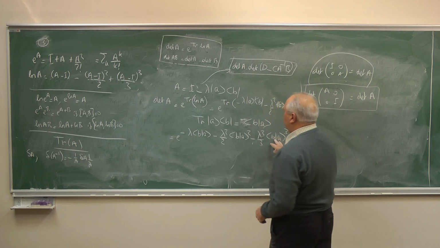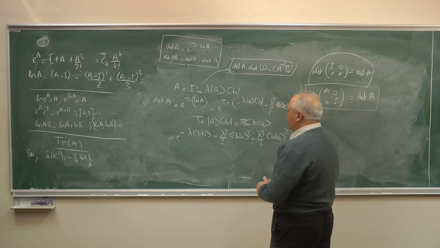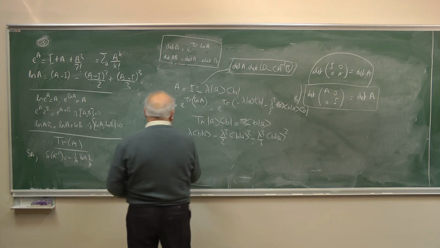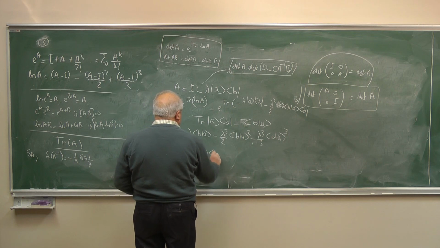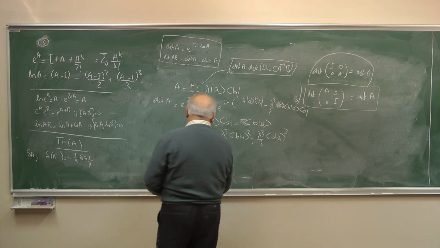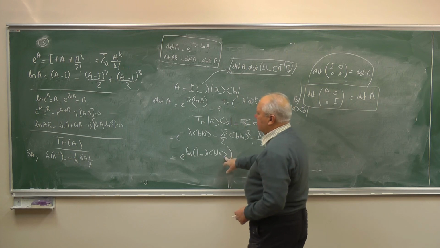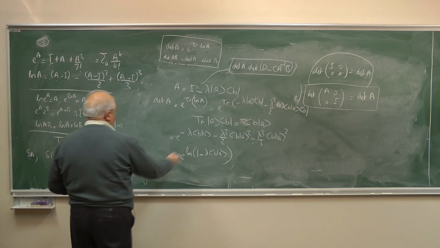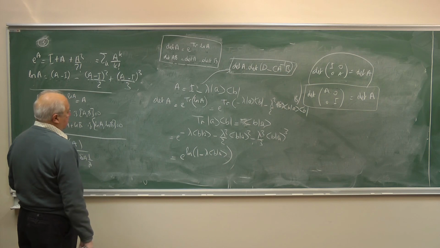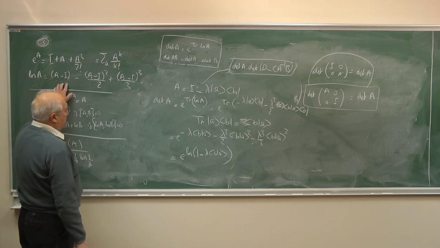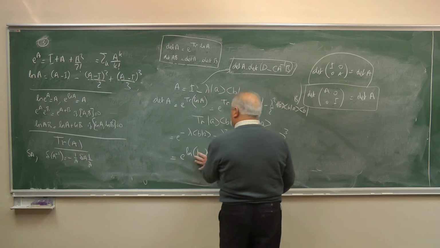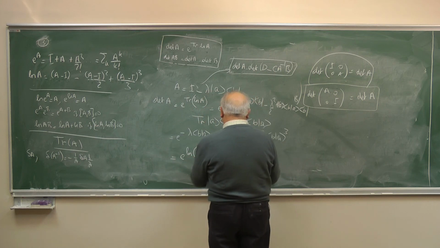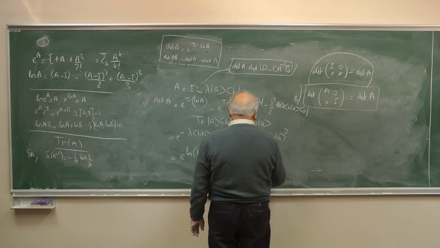There is no matrix left after taking the trace, and this is simply e to the log of 1 minus lambda BA. Because here you can use the scalar 1 minus 1, so it's minus lambda BA, minus that, minus that. Therefore, this is just a number. E to the log is this thing, 1 minus lambda BA.